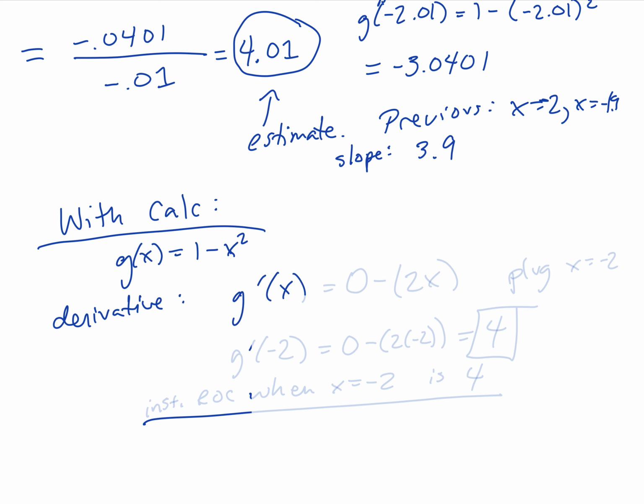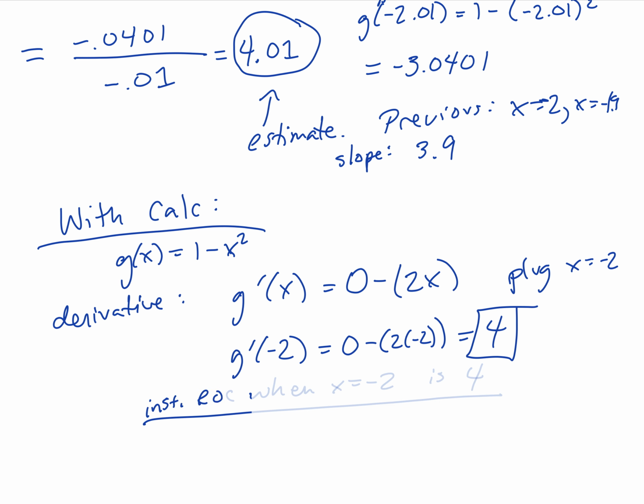G prime of x is the derivative of 1, any constant is 0, minus the derivative of x squared is 2x. And then we can plug in x equals negative 2 into that function. G prime of negative 2 is 0 minus 2 times negative 2. 0 minus a negative 4, that's a positive 4. And so the instantaneous rate of change is 4 when x is equal to negative 2.